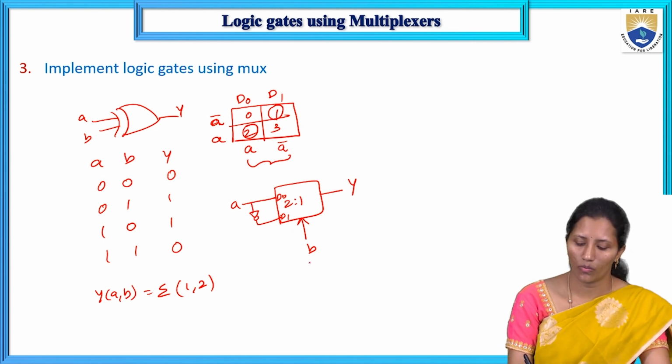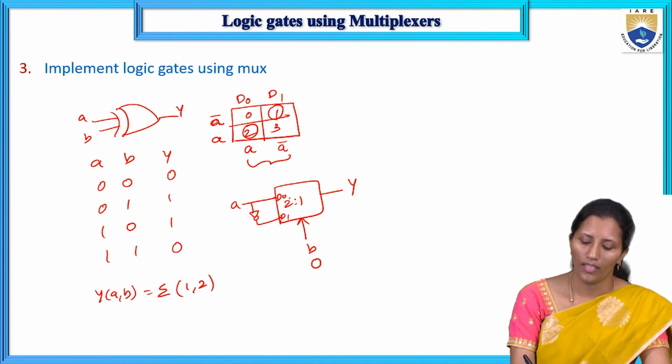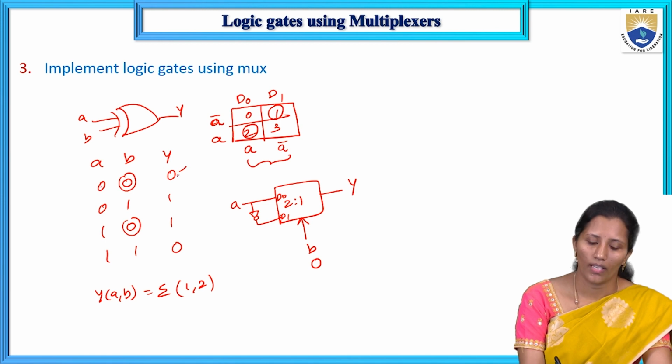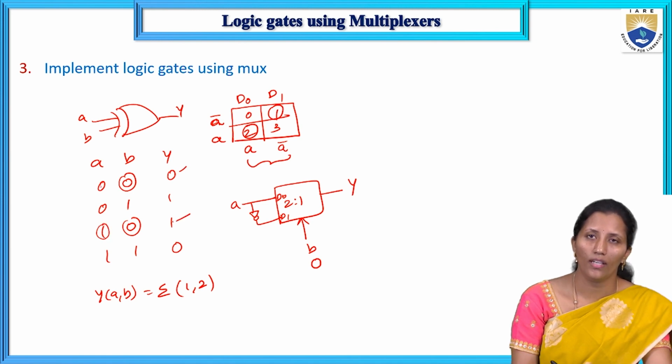So if you observe the truth table, if B is equal to 0, the output will be switched to the first input, that is D0. D0 contains A, so if B is equal to 0, whatever the value of A is goes to the output. If A is equal to 0, Y is equal to 0; A is equal to 1, Y is equal to 1.